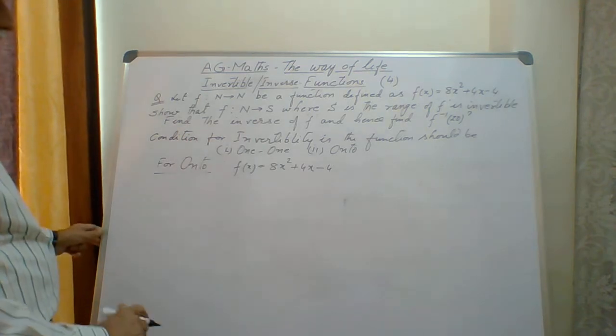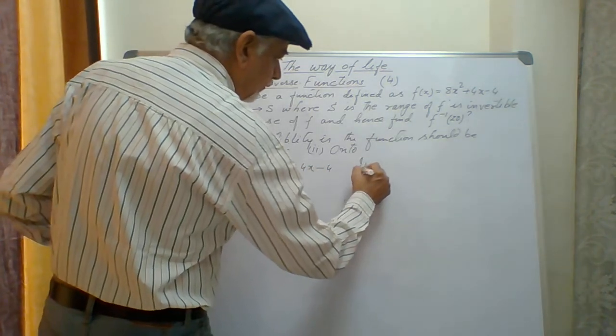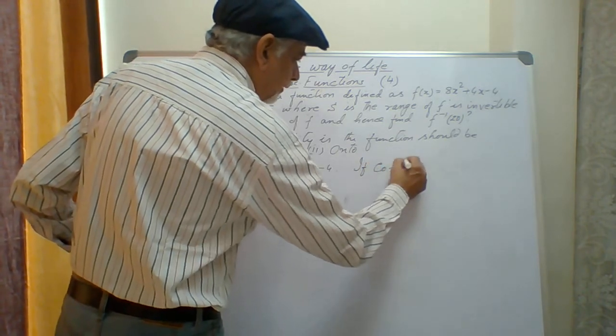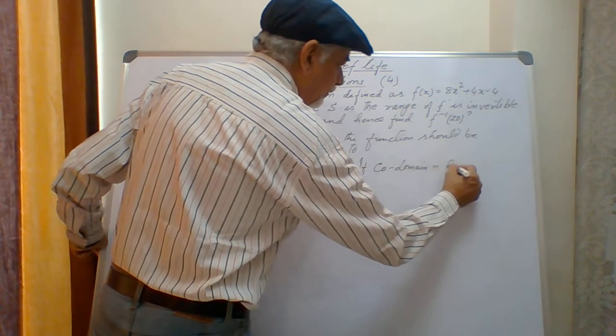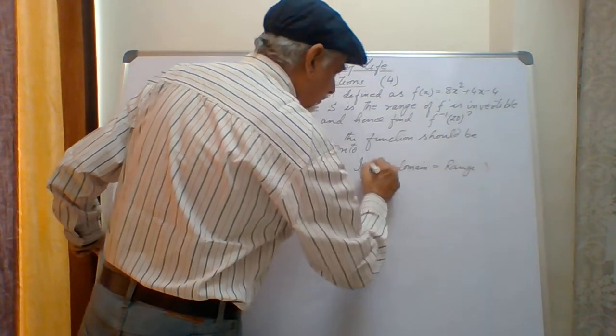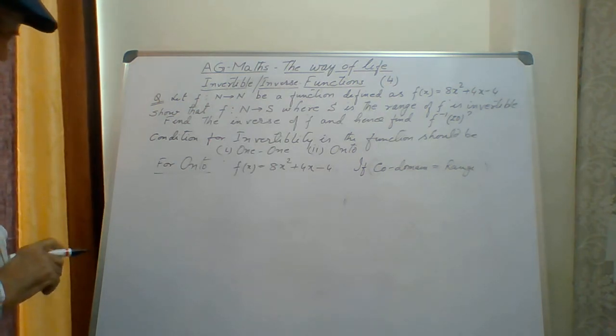If codomain and range are equal, then we say it is an onto function.